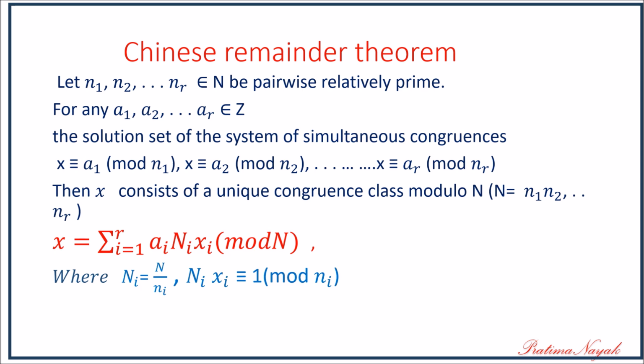Let n1, n2, n3 up to nr belong to the natural number system and be pairwise relatively prime. First condition is they should be relatively prime.